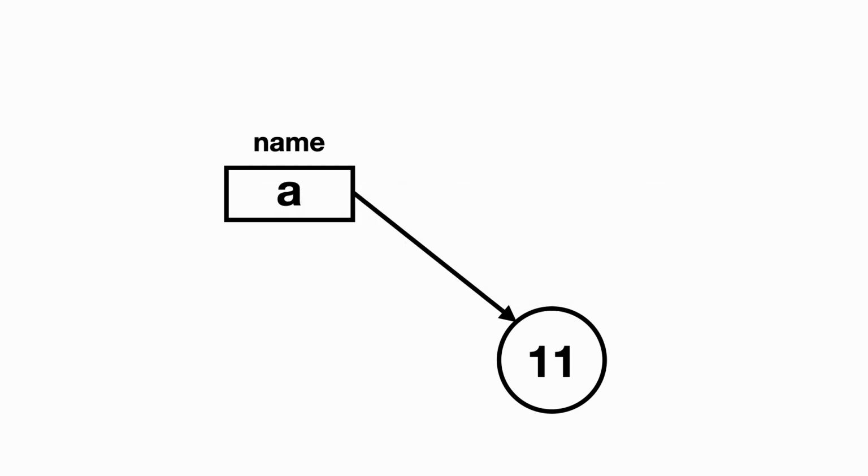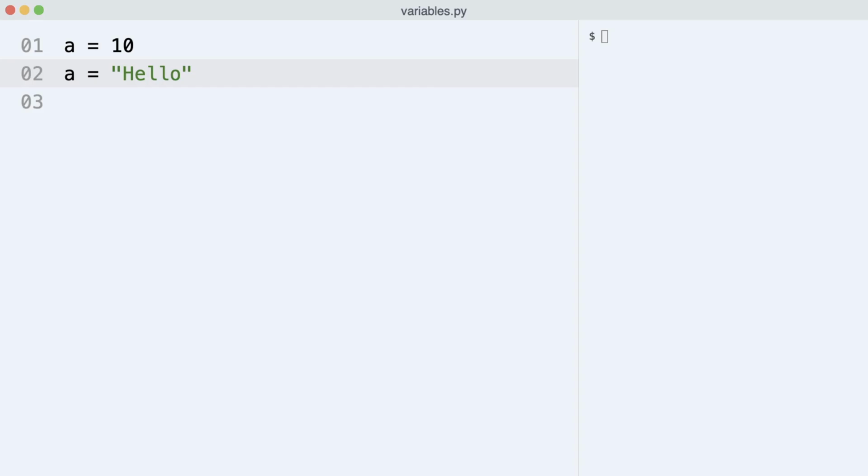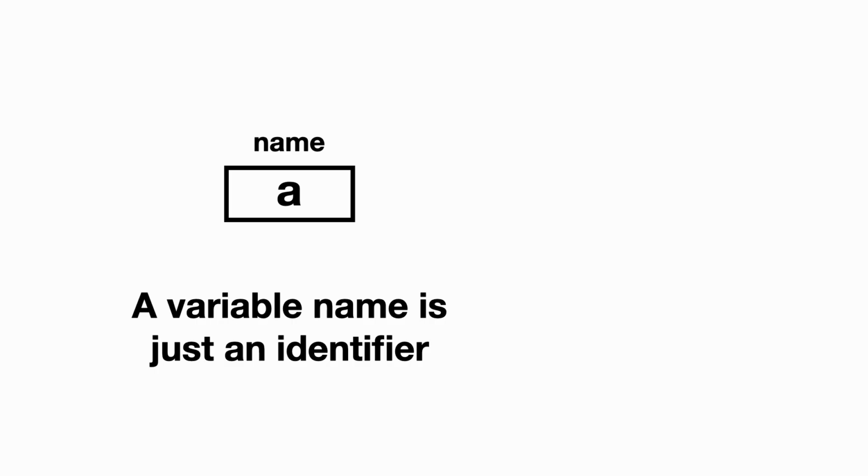But it goes even further. You can even reassign an object with a different type. For developers who are used to typed languages, this seems strange, but in Python, this is perfectly good code for a simple reason. A variable name is just an identifier and has no value or type information.